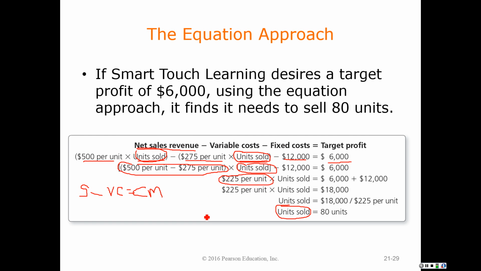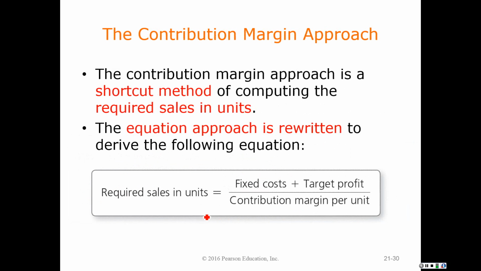$225 is contribution margin per unit. Keep that in mind as we move forward to the next slide, which walks us through the contribution margin approach. Your book calls it a shortcut of calculating, once again, the number of units that we need to sell. I need enough contribution margin per unit. And what did we just say back here?